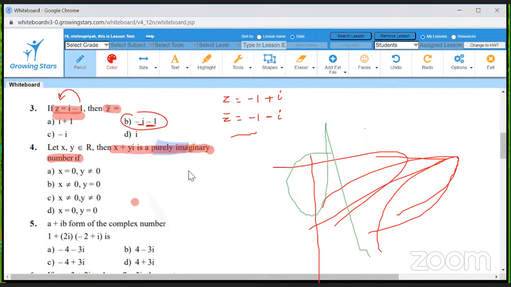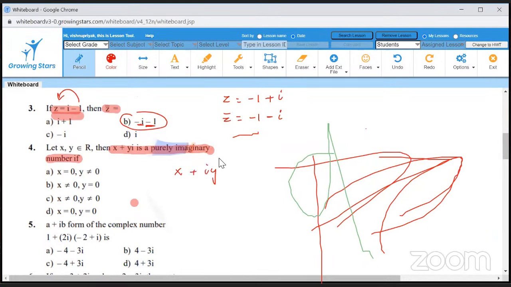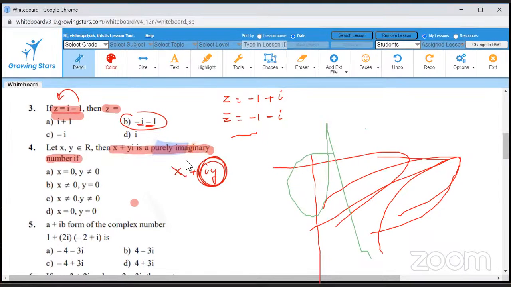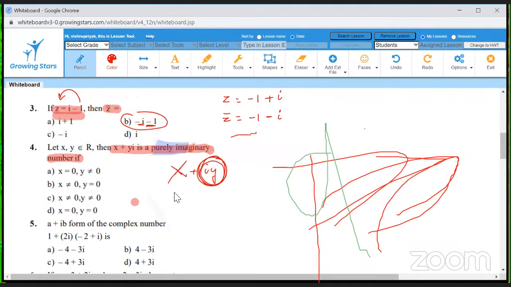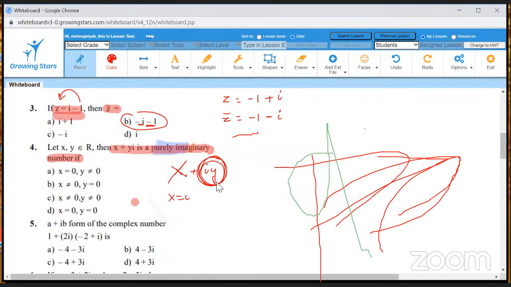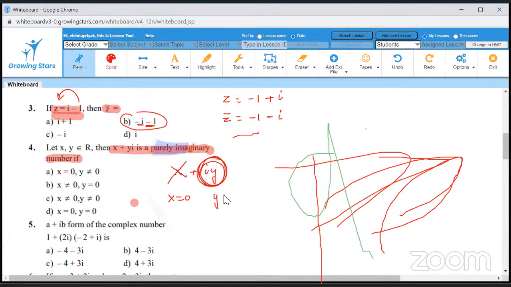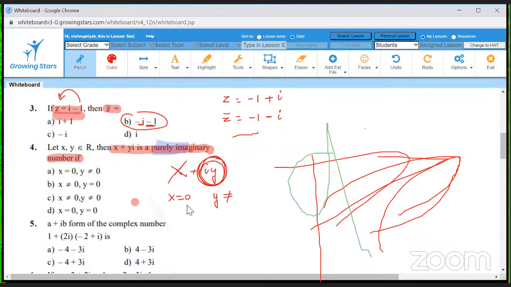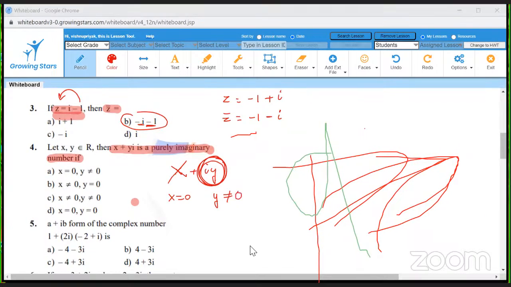In x plus iy, only the imaginary part should be there. x should not be there. That means x should be 0, but y should not be 0. That condition is very, very important.